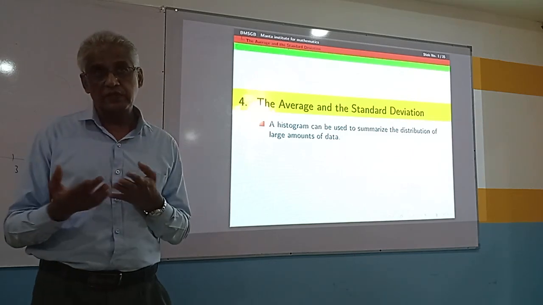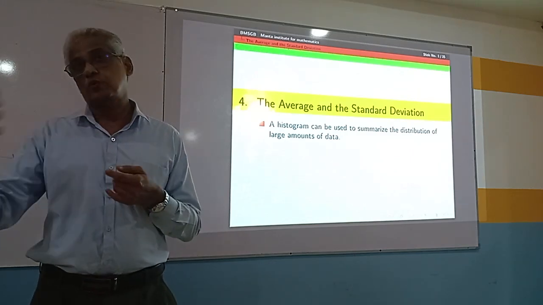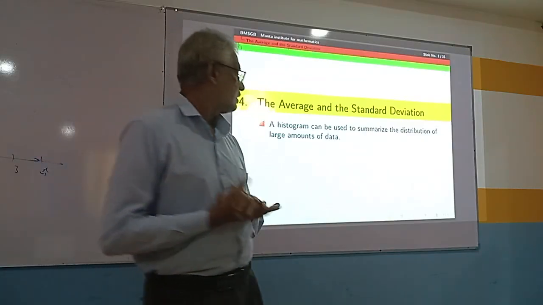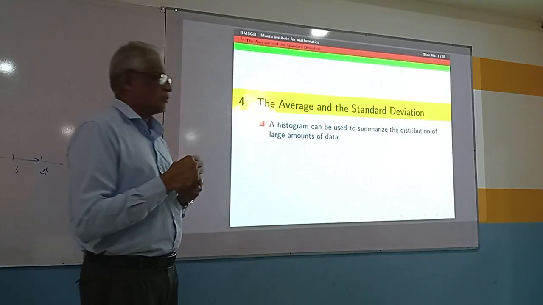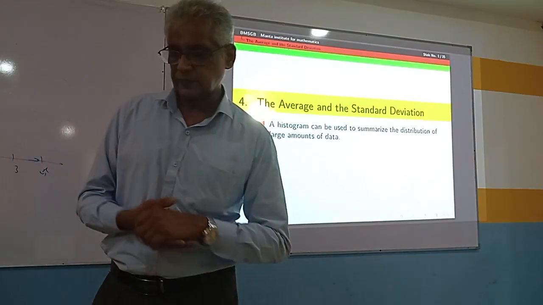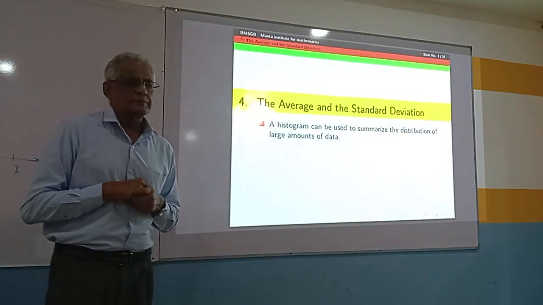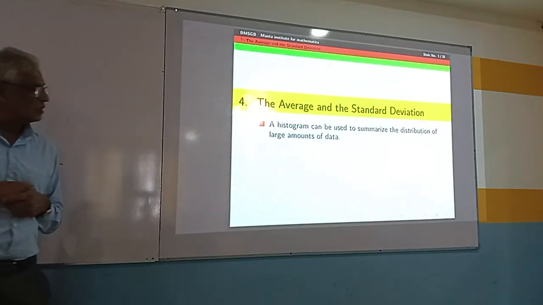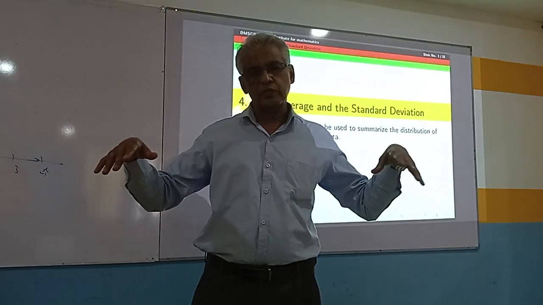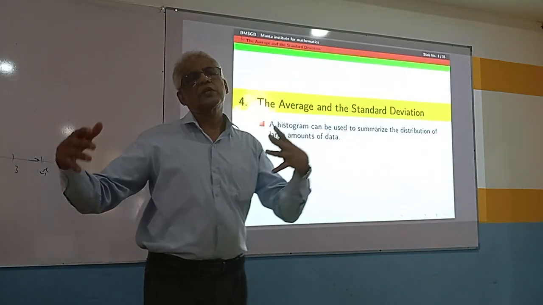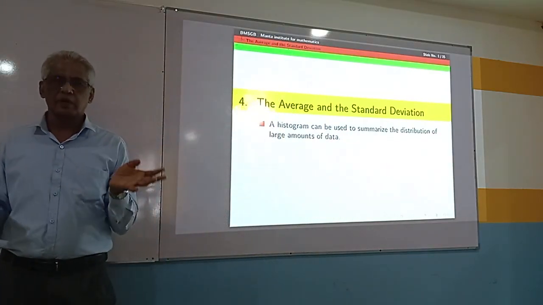When it is skewed, we usually look at whether it's skewed to the right or to the left, positively skewed or negatively skewed and so on. So it's a kind of summarizing method. But sometimes we can give the same idea about the whole histogram without a graph, by looking at some numbers.